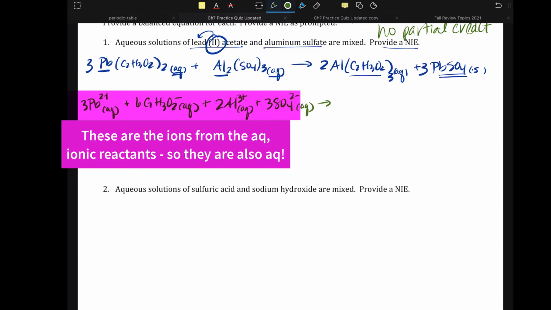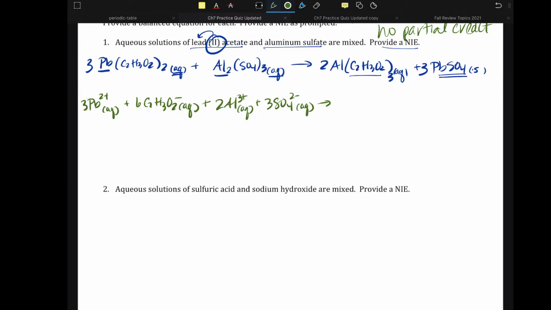Then on my product side, I've got 2 aluminum ions that are aqueous. I've got 6 acetate ions that are aqueous. And I've got 3 PbSO4 solid. It is not aqueous and ionic. It does not dissociate. It stays stuck together.